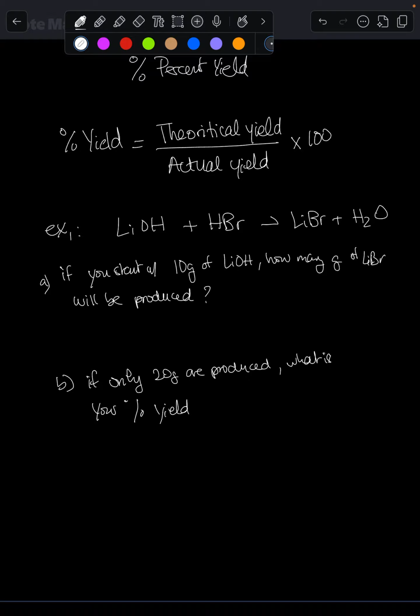So to do the first part of the problem, you would have to do a stoichiometry equation, right? So as we know, we start with 10 grams of lithium hydroxide, and the goal is to get to grams of lithium bromide. So you would have to set your equation to go to moles like this, right? So here you would have 1 mole of lithium hydroxide.